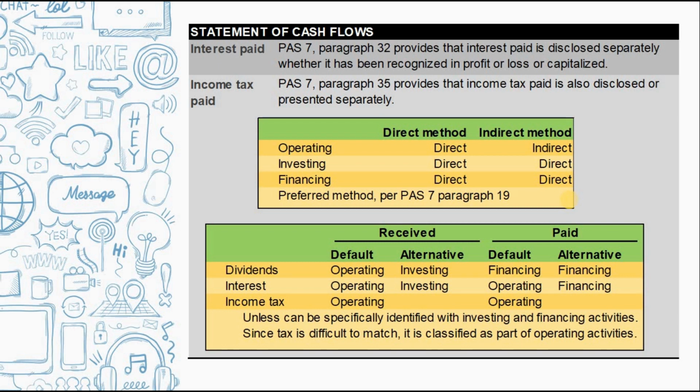The indirect method is only relevant to the operating activities because under the direct method, the operating activities are presented under the direct method, while the indirect method is only applicable to the operating activity if the method used is the indirect method.